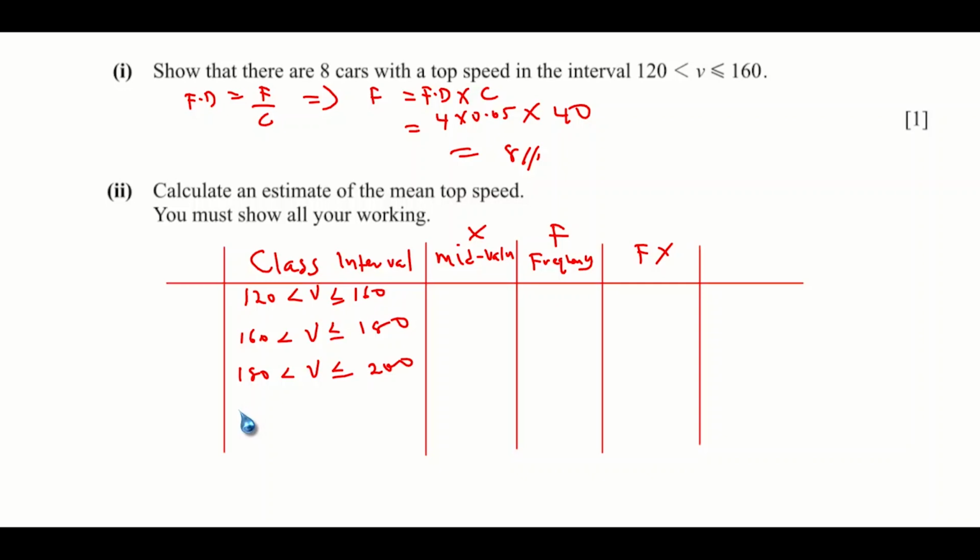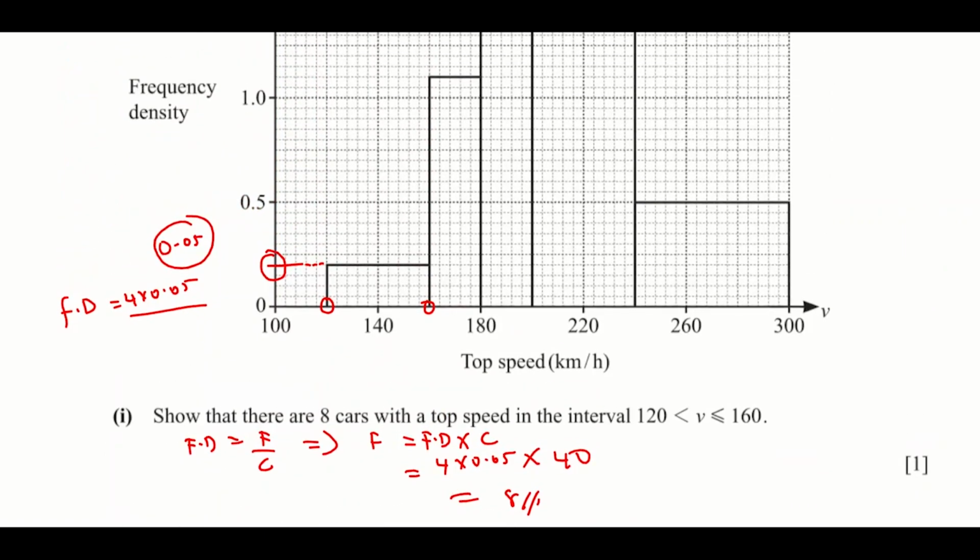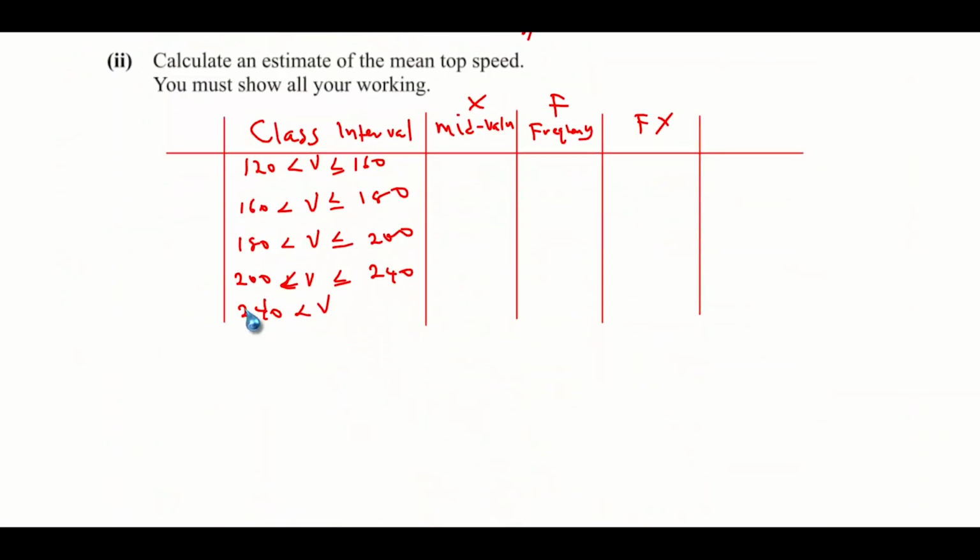Okay, so then the next one will be 200 is less than v, and v is less than or equals to, I think, down at 240. Okay, and the last one will be 240 less than v, and v is less than 300. That's the last one, less than or equals to 300.